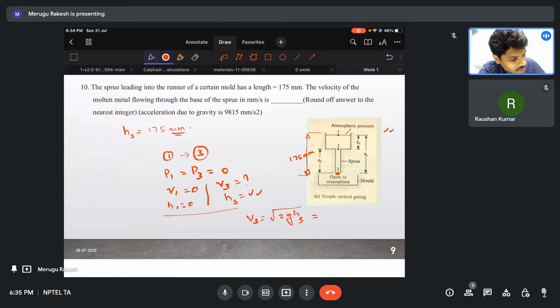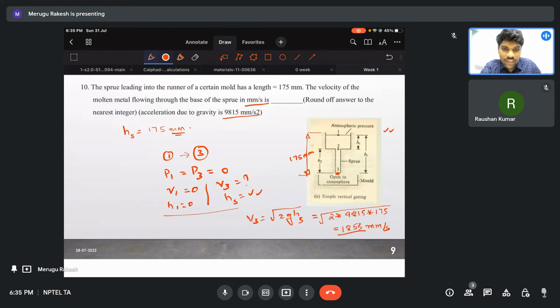If you see the answer, they are asking in mm per second, so we have to keep everything in mm per second. They have given the value of acceleration due to gravity also in mm per second square. So 2 into 9815 into 175. Take the square root, and directly we will get the answer in mm per second. You can check the answer. The answer is 1853.